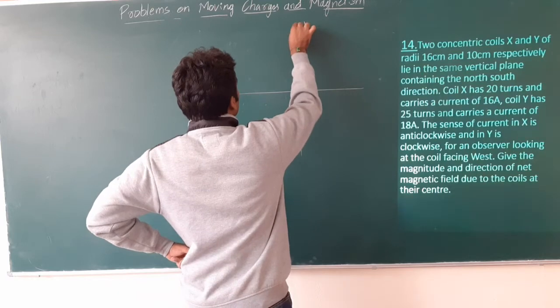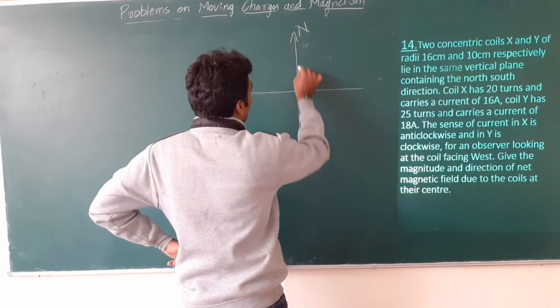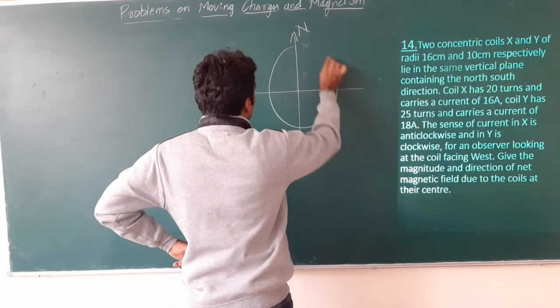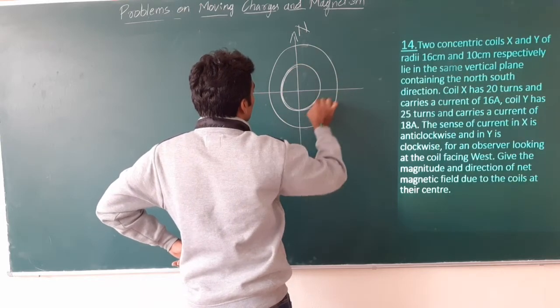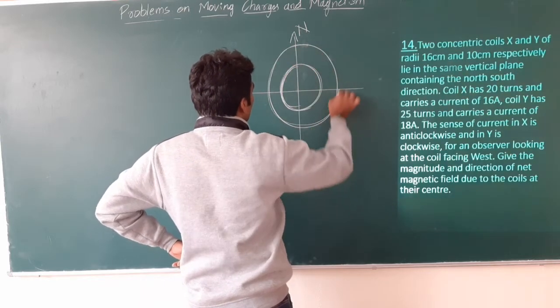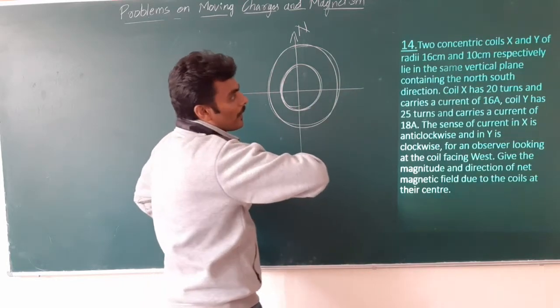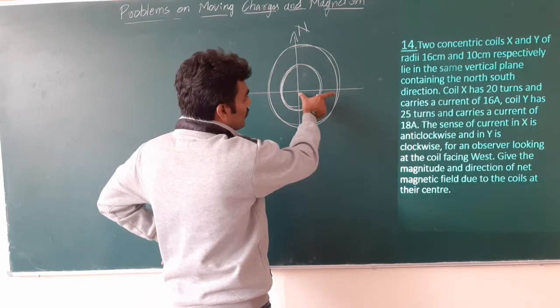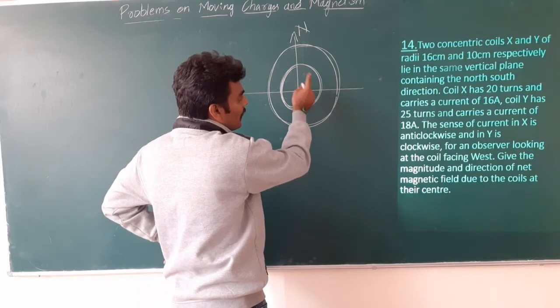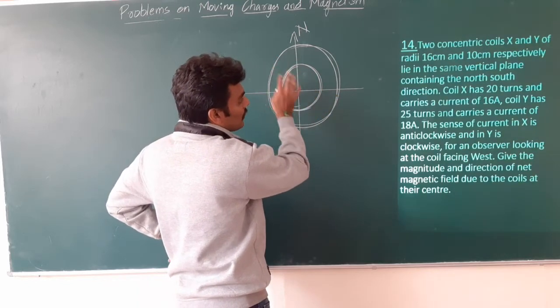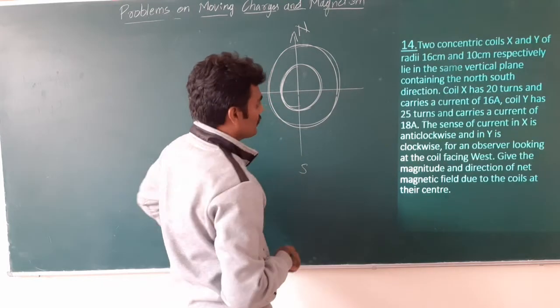This is north, this is south, and the coils are in the same plane. So this is one of the coils and this is the other coil. There are two coils, one is of 16 centimeter radius and the other is 10 centimeter radius, which lie on the same vertical plane containing north-south direction. Okay.